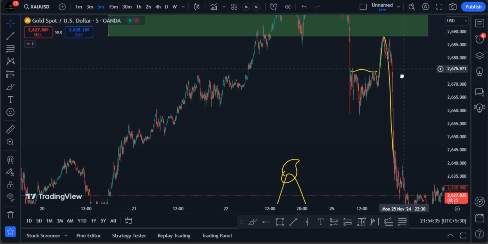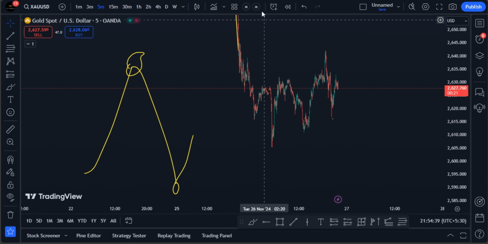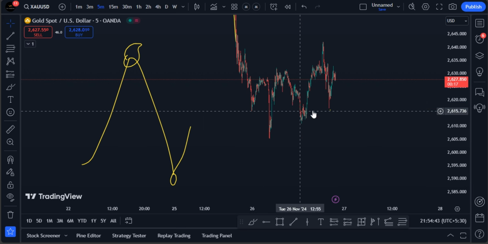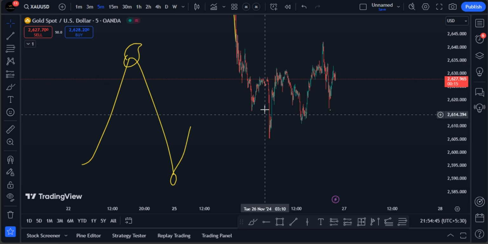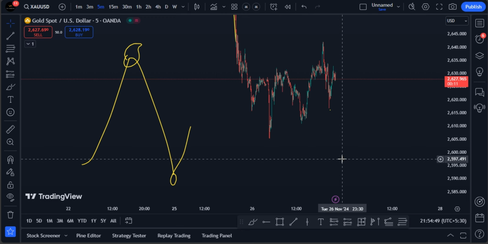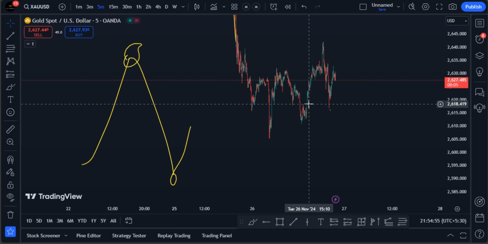Looking at this downtrend, sellers are pretty strong. Even here, the same thing is happening. The market tries to make an uptrend, but every time the market tries to go up, sellers pressure it down. So that means sellers are still controlling the market. Buyers are trying to take control of the market, but sellers are still here.